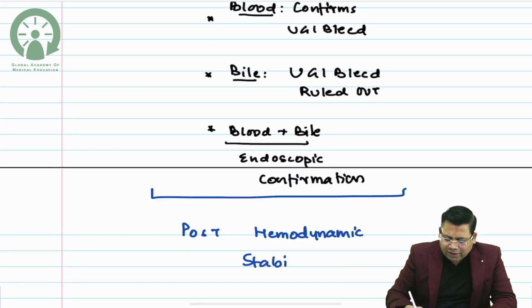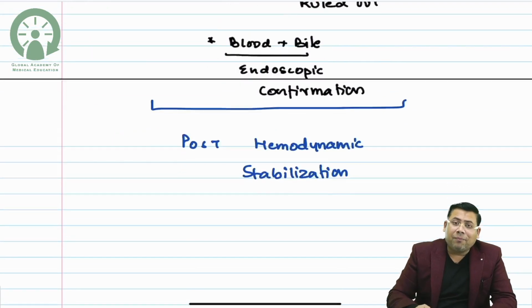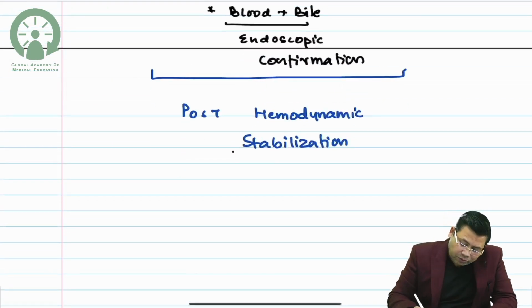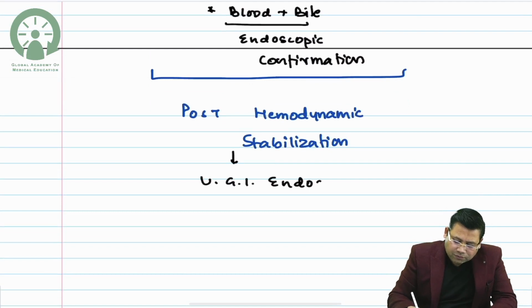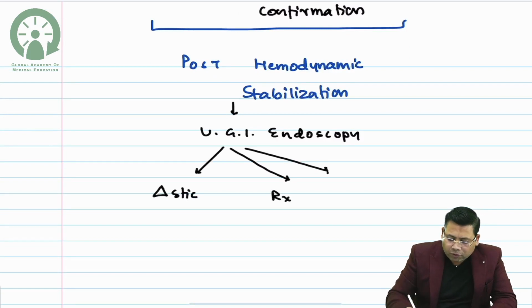You need to check what is the source of bleed, and this is diagnostic, therapeutic and prognostic. Yes, you are going to go for upper GI endoscopy. Why upper GI endoscopy? Because not only is it diagnostic, you have to understand it is also therapeutic and prognostic in nature.